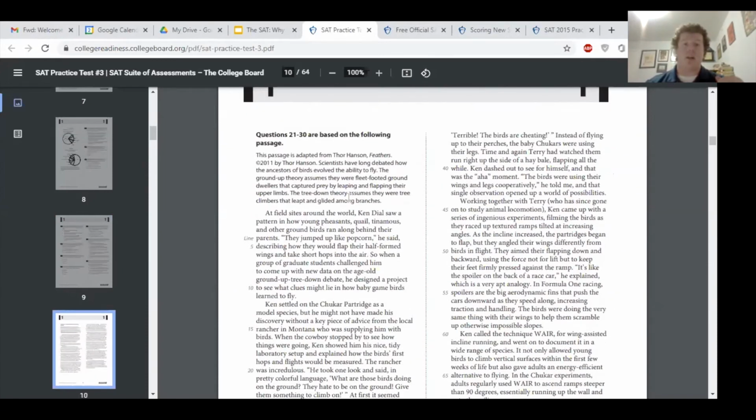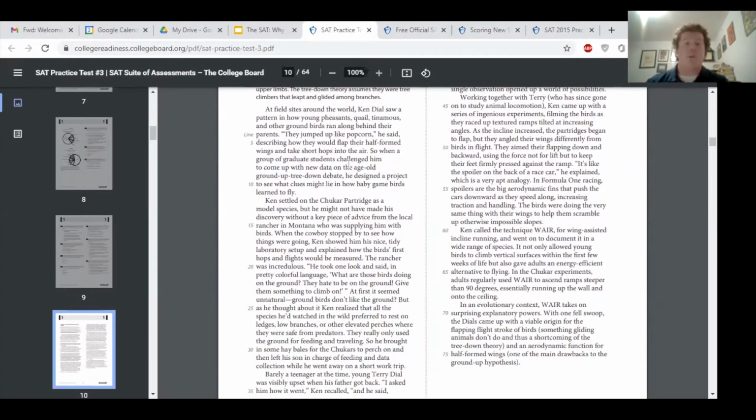Moving ahead here. This passage here is one of the hard science passages, so you'll see things like chemistry, biology, anything like that, as opposed to some of the soft sciences like history or sociology or something like that. Usually these have some more complicated vocabulary or terminology that they use, but it's always going to be internally consistent.